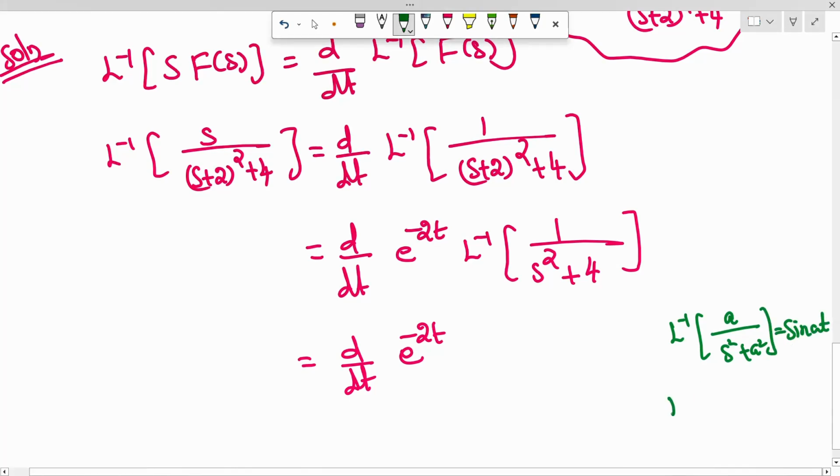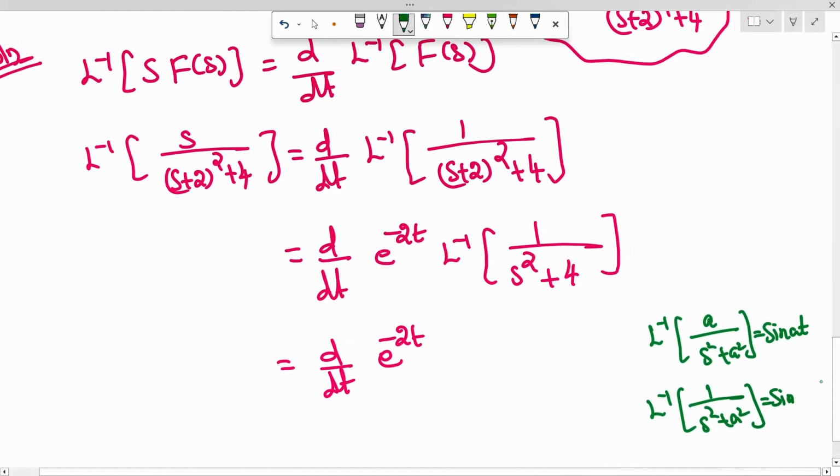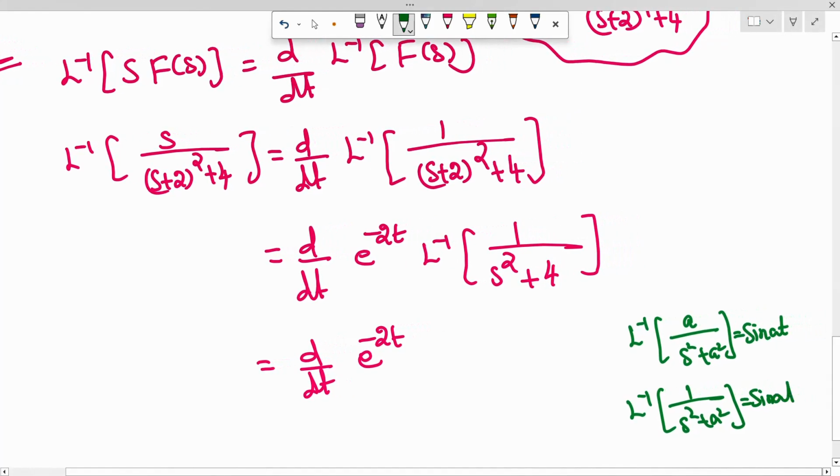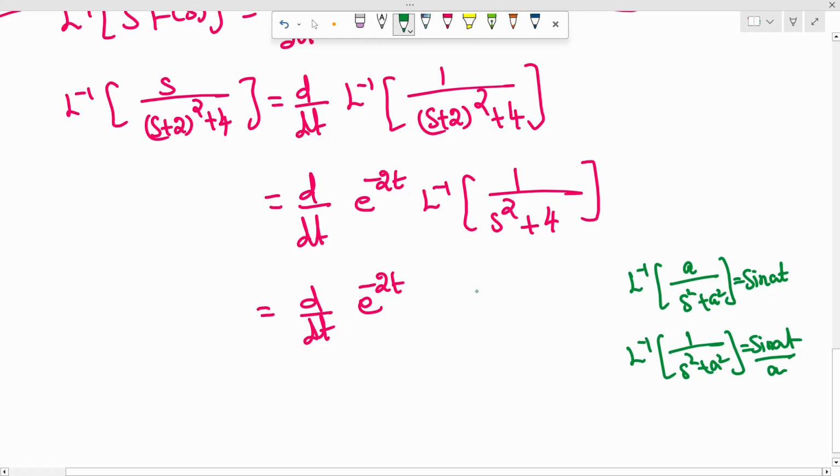Here, since a is missing in the numerator, L inverse of 1 by s square plus a square is sin at divided by a. What is a here? a is 2, because 4 can be written as 2 square. Now we can write sin 2t divided by 2.